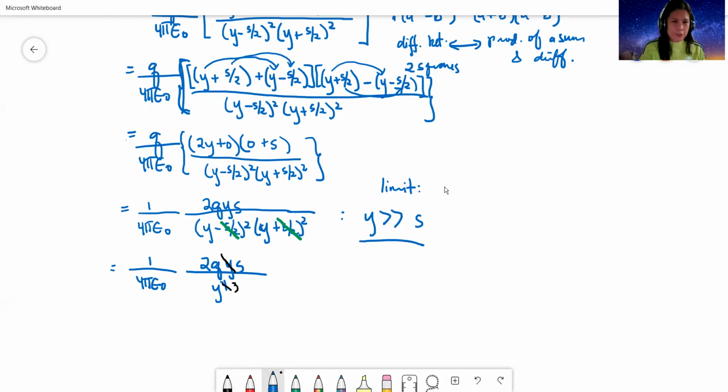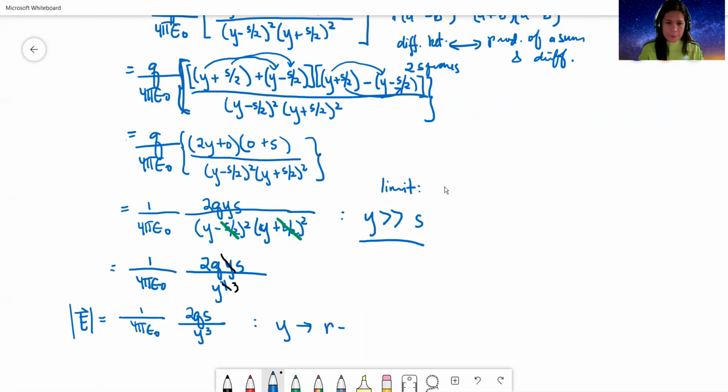Therefore, the electric field, this is still the magnitude, is 1 over 4 pi epsilon sub naught times 2qs over y cubed. But at this point where y is much larger than s, we replace y with r.